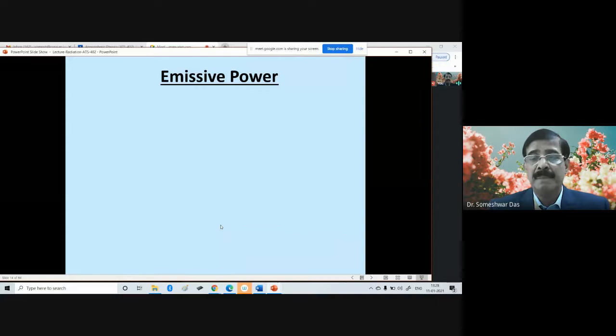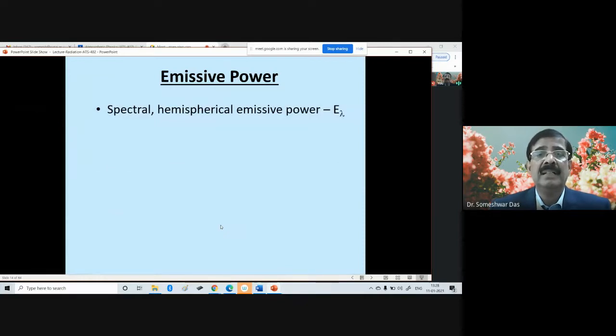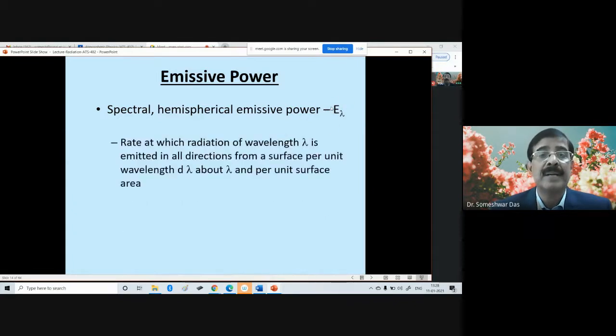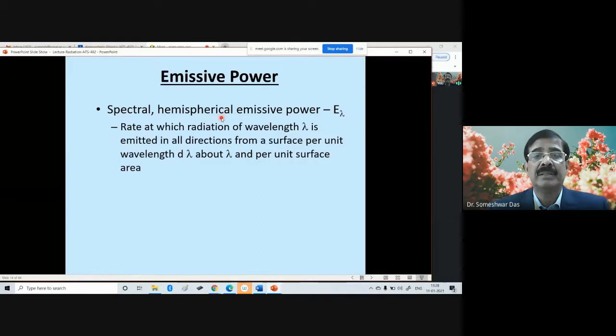Now, what is emissive power? Emissive power also you must have studied in your BSc. The spectral hemispheric emissive power is denoted by E lambda, which is a function of the wavelength lambda. It is the rate at which the radiation of wavelength lambda is emitted in all directions from a surface per unit wavelength d lambda about lambda and per unit surface area.